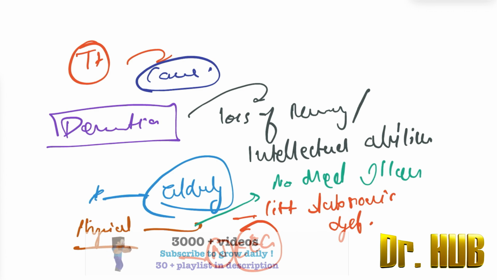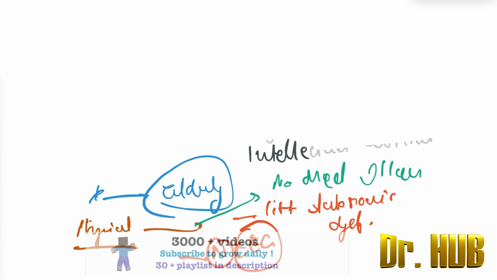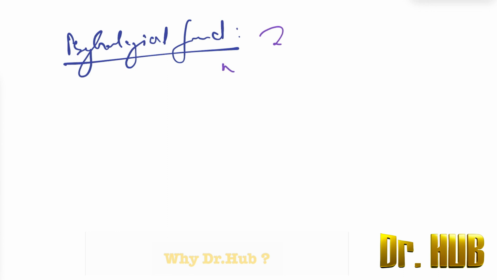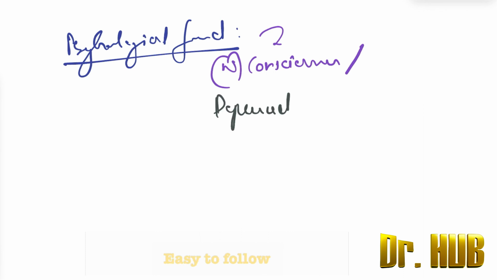Next we'll move on to the psychological findings. What happens in the case of dementia? There is normal consciousness. Next, there can be a depressed mood.